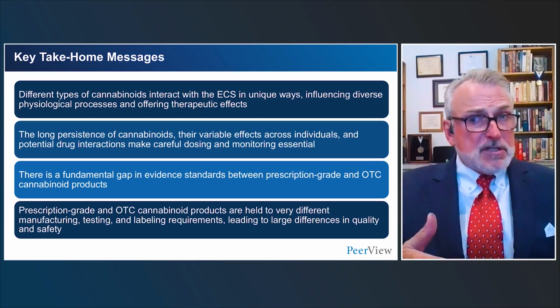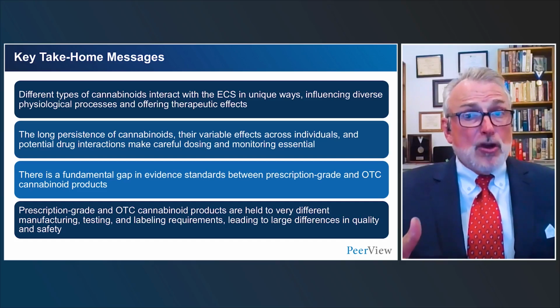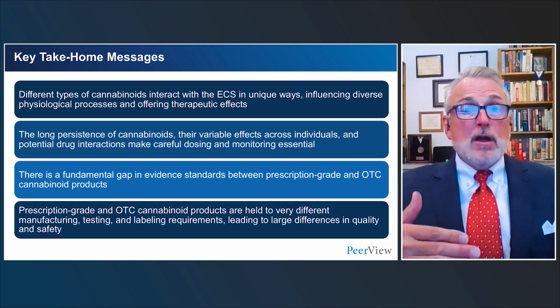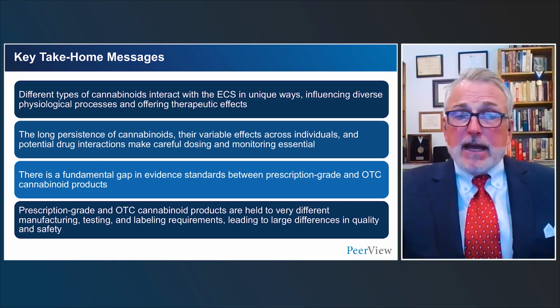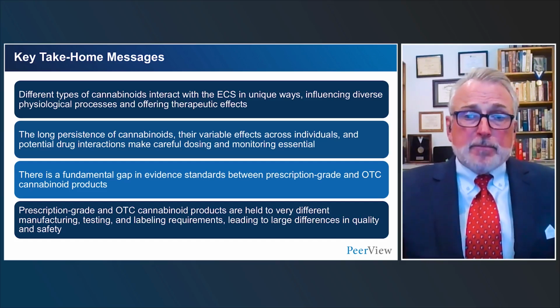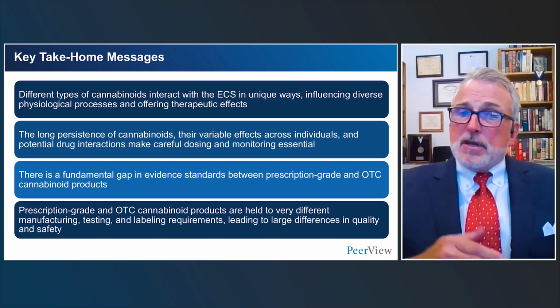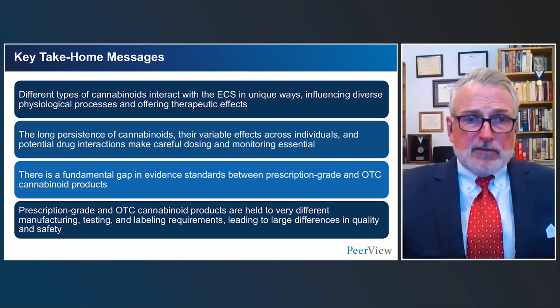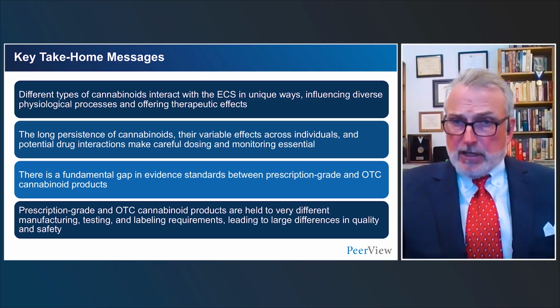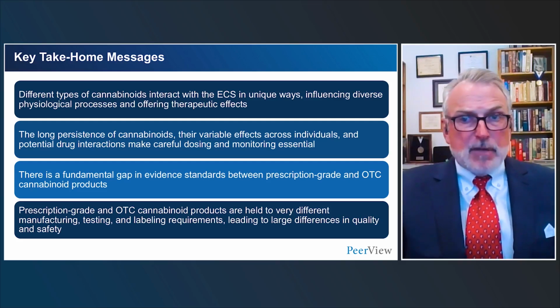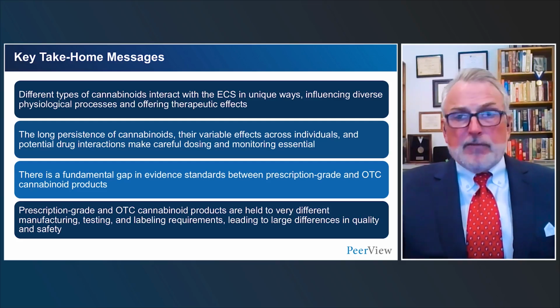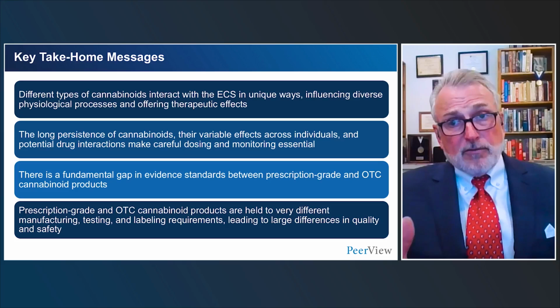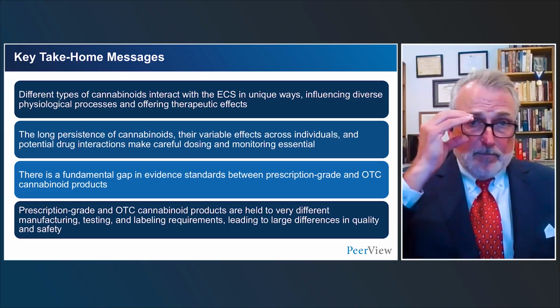The long persistence of cannabinoids, because they are so lipophilic, so averse to water, they hide out in our adipose tissues, produces variable effects across individuals and potential drug-drug interactions because they're metabolized by the same enzymes that many of our prescription drugs are. So we must be careful of that and cognizant of it.